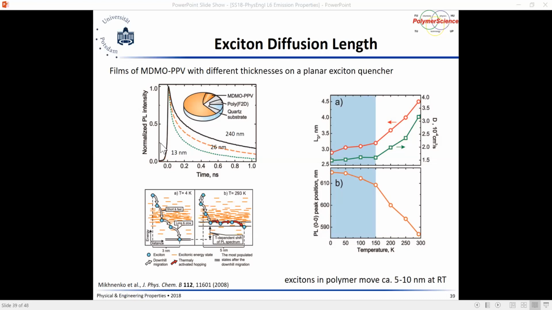Within this lifetime, the exciton is a neutral quasi-particle. It can diffuse in different, even random, directions. Given that the movement is happening through diffusion, it means we need to have a concentration gradient. So it will diffuse from regions where there's a high concentration of quasi-particles to regions where there is none.